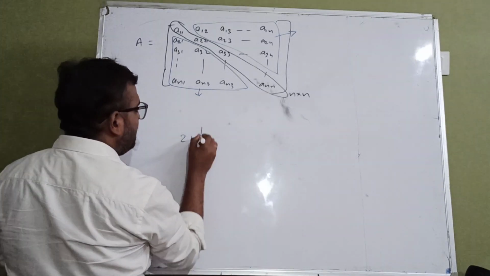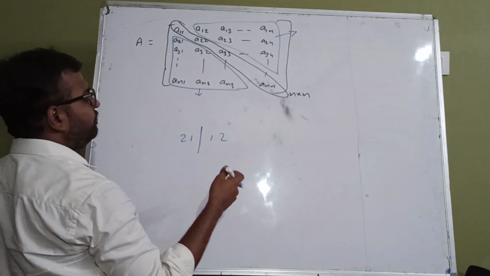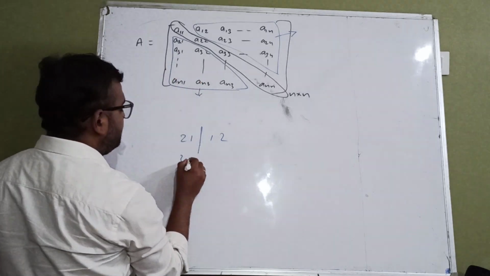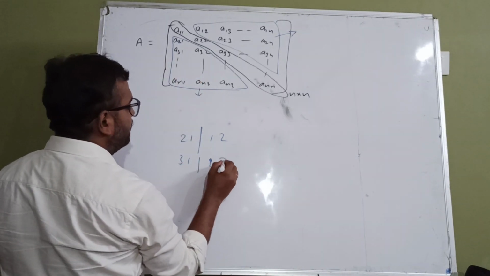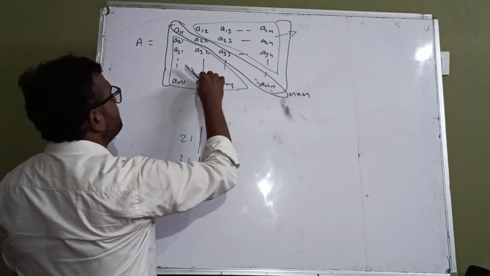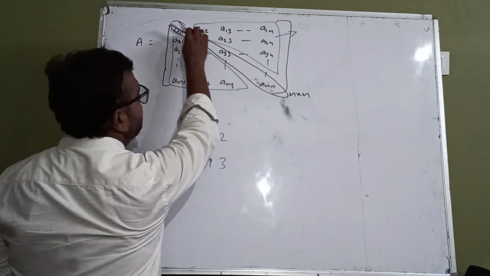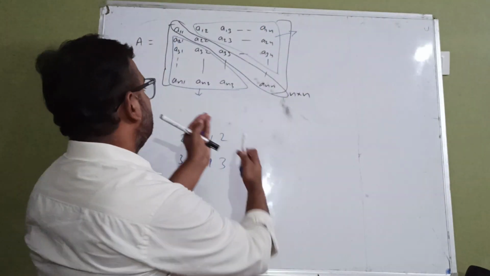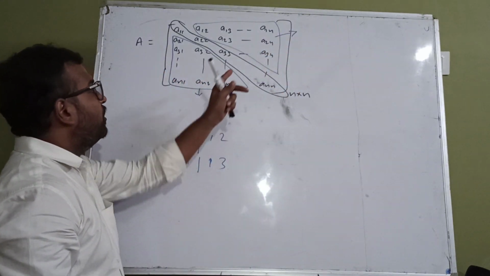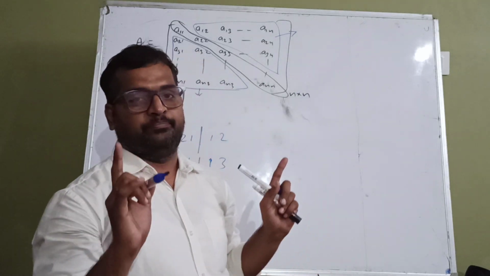If you find the image of this one, that will be your A12. If you find the mirror image of this one, that is A12. A31 is there, then the mirror image is A13. So all the lower elements are symmetric to the upper elements. It means the diagonal elements will be treated as a mirror, and the lower part is symmetric to the upper part. The number of elements below the diagonal and above the diagonal are the same.